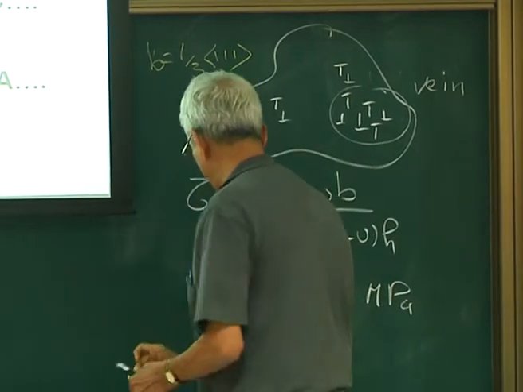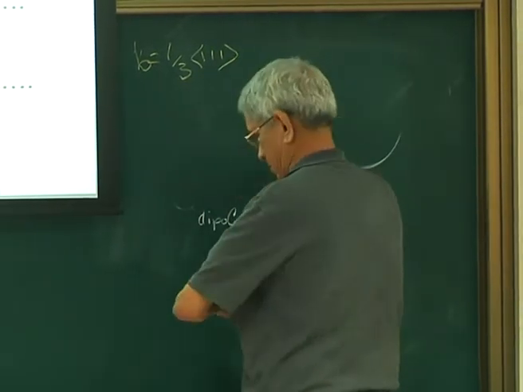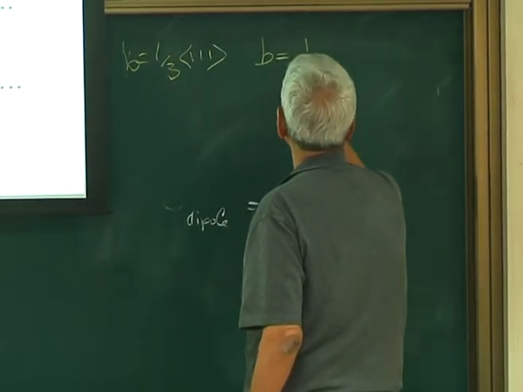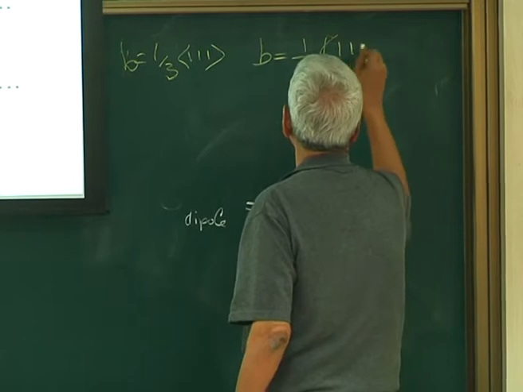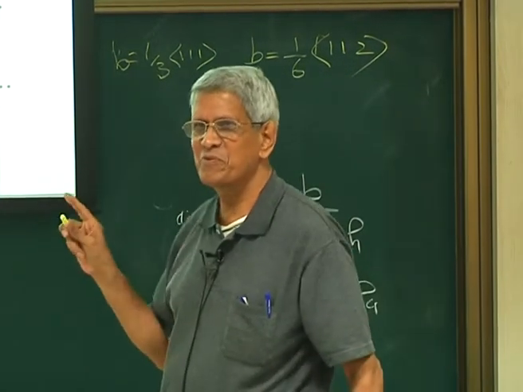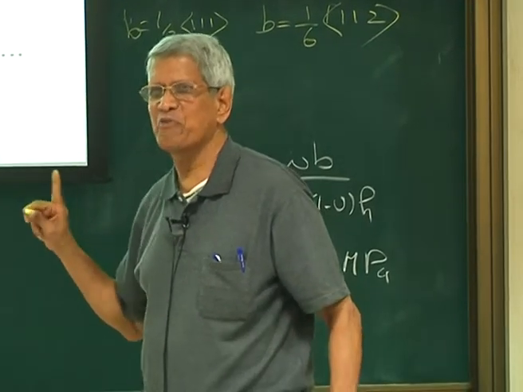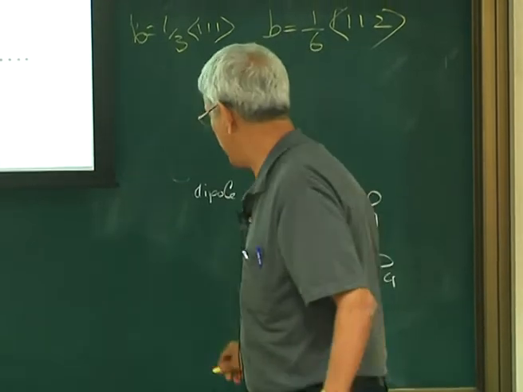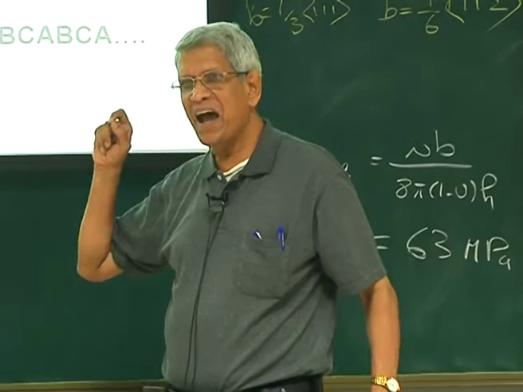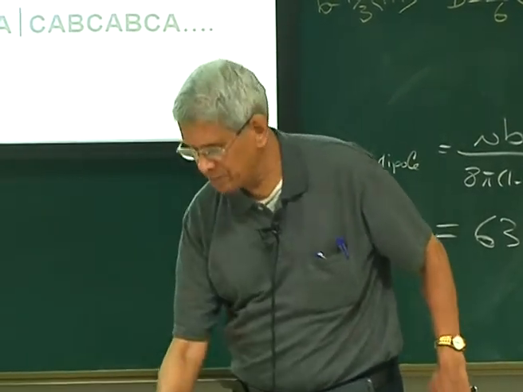In the other case, B will be 1/6 112 type. In fact, that is the way we can differentiate whether these are a Frank fault or a shear fault, by analyzing the dislocations, okay?